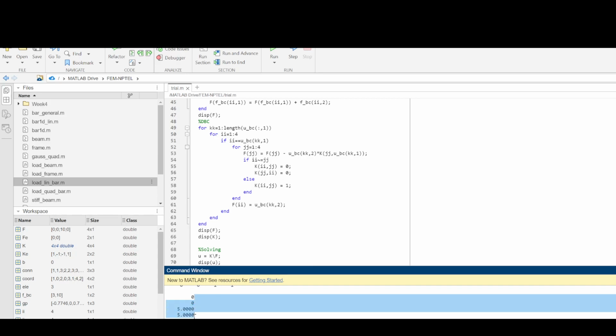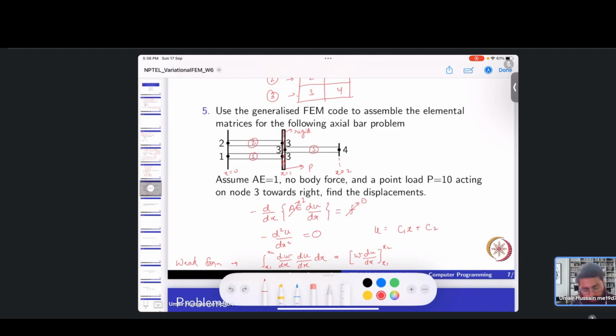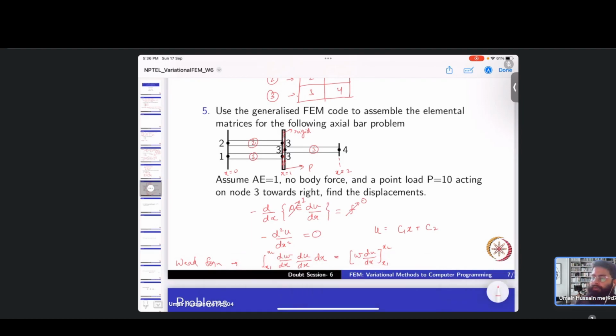So this is our displacement, and this is reasonable because we are applying a load here at node 3, so we'll have some displacement at node 3, and the same displacement would be carried on to node 4.